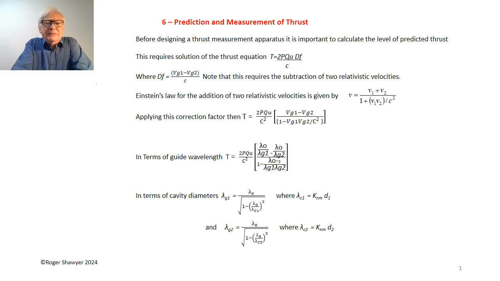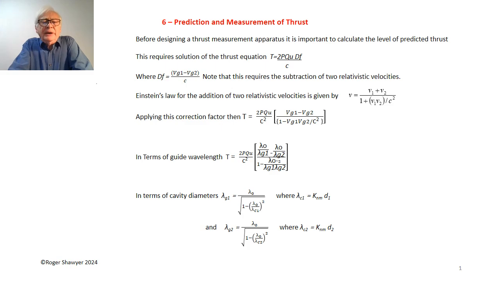So what we have is lambda G1 equals lambda naught divided by the square root of 1 minus (lambda naught divided by lambda C1) all squared, where lambda C1, the cutoff wavelength at the diameter D1, the large end, is K_NM times D1.